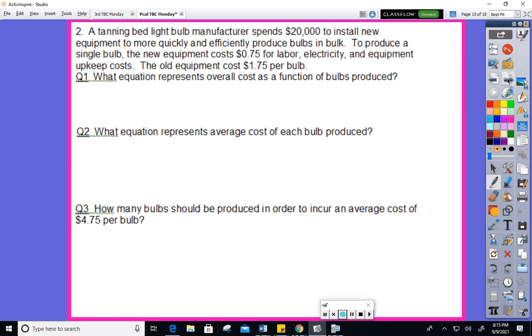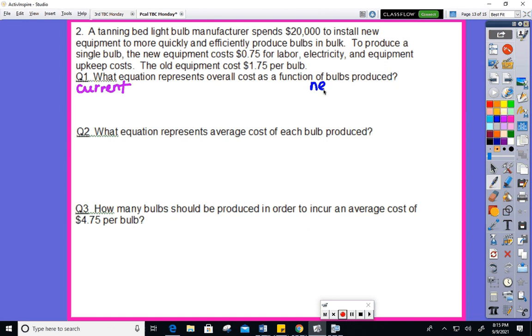So now let's switch our focus and look at the cost of manufacturing light bulbs for tanning beds. Let's compare the current or the old equipment with the brand new equipment.